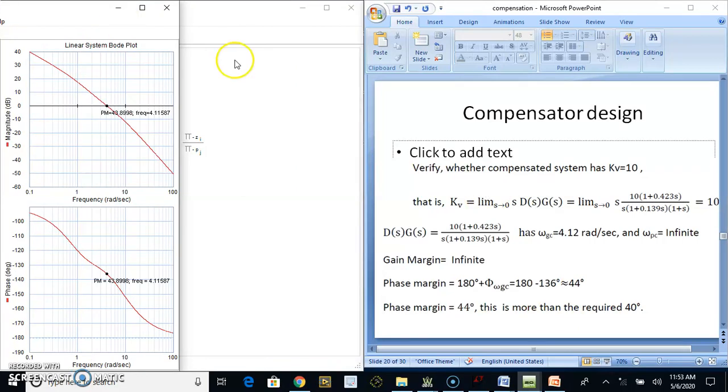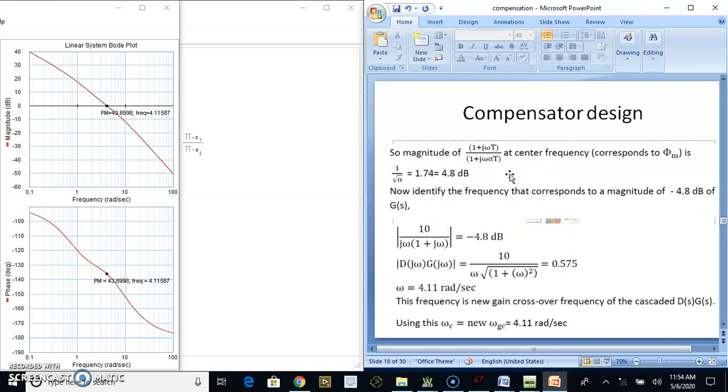Let us also observe one more thing, that is whatever we saw in this case over here, this 4.8 dB. Let us edit only the compensator transfer function, that is the poles and zeros of the compensator, and try to see at that frequency of 4.11 whether the magnitude is 1.74 or not.